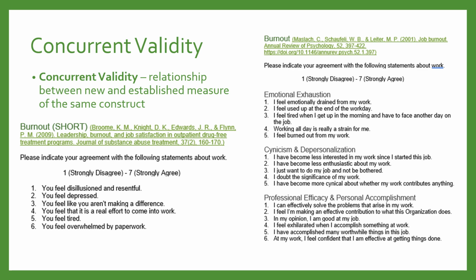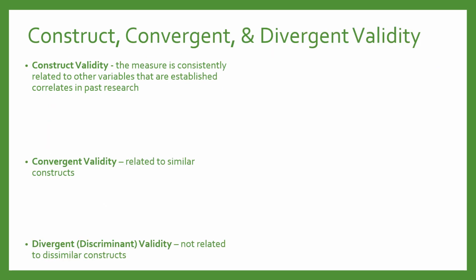You can see an example of burnout measures here, where you see the short version versus the long version. If you have people take these two different survey scales and they're very highly correlated, then you would say that they have concurrent validity. So if the correlation between these two measures is 0.70 or higher, you may be able to justify using the short version of burnout versus the longer version.